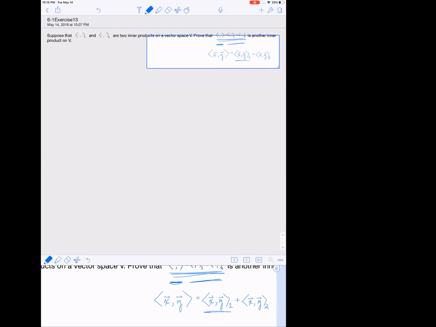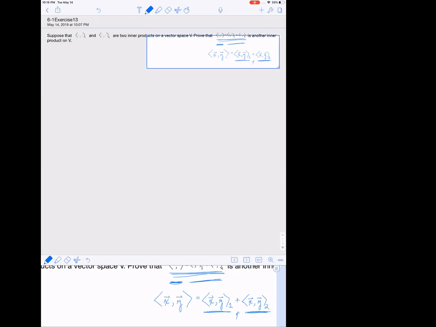So this is a scalar from the field. That's what an inner product does. It takes two vectors and combines them in some way according to some formula to give you a scalar. So then this is also a scalar, and this is addition of scalars, addition in the field.